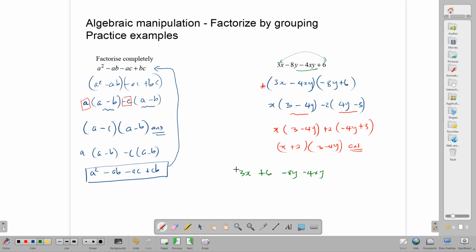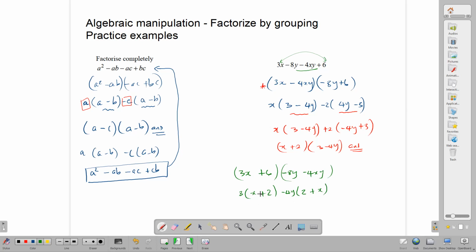In this case, we put these two together here. We can divide both by 3. So we take out our 3 and we get x plus 2. And in this bracket, we can use a minus 4y, in which case a negative 4y into a negative 8y gives us 2, and a negative 4y into a negative 4xy gives us a positive x.